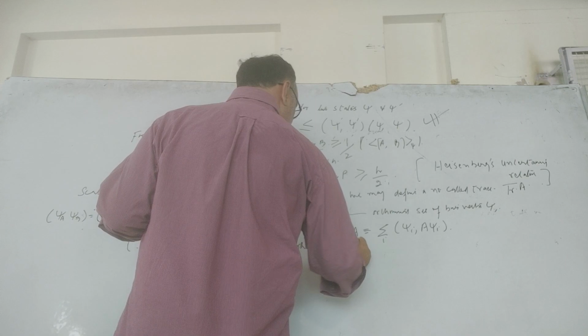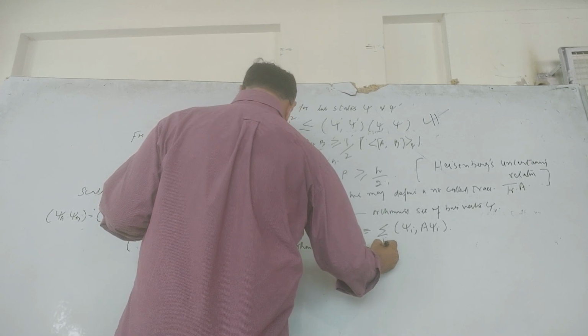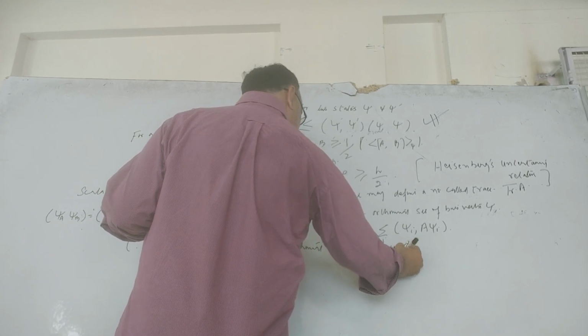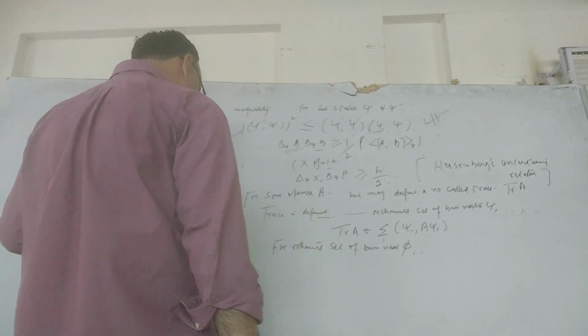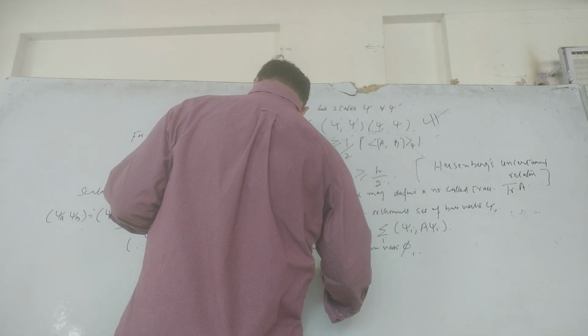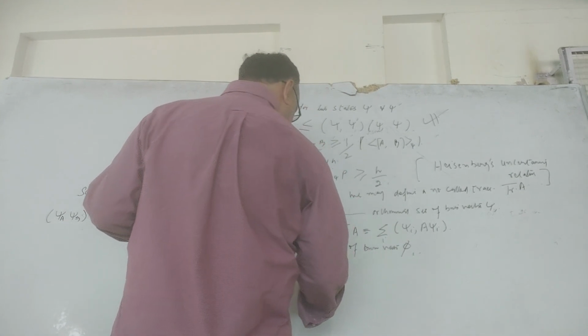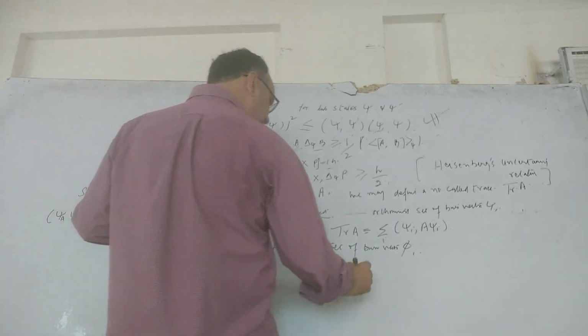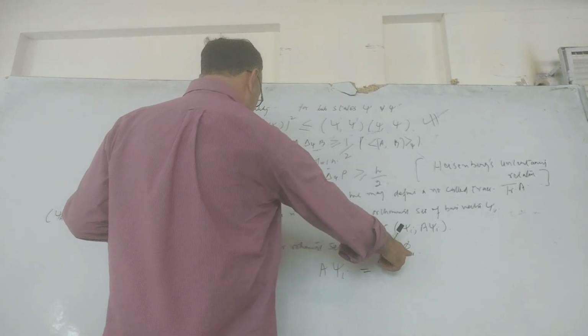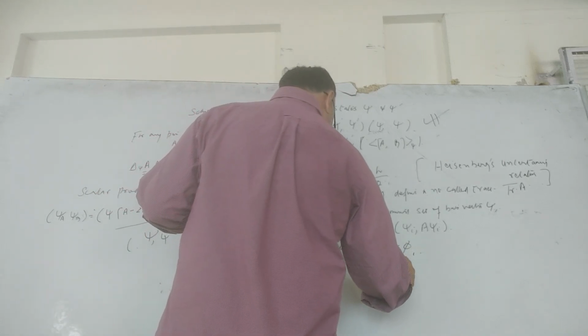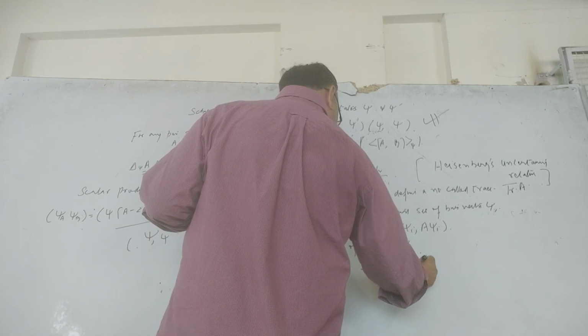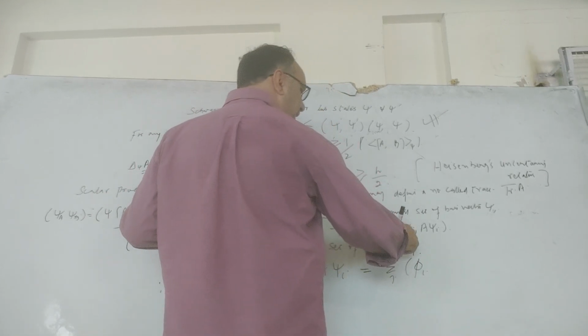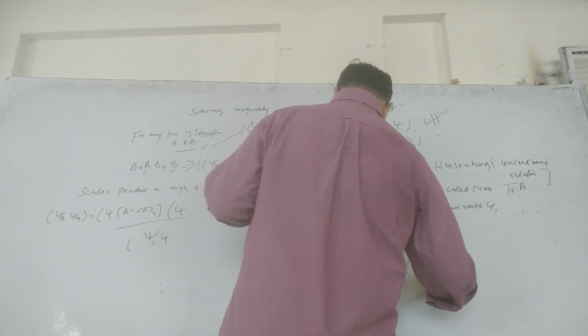So for any orthonormal set of basis vectors phi, A of psi can be written as an operator. A of psi can be written in terms of phi j, phi j, A of phi.